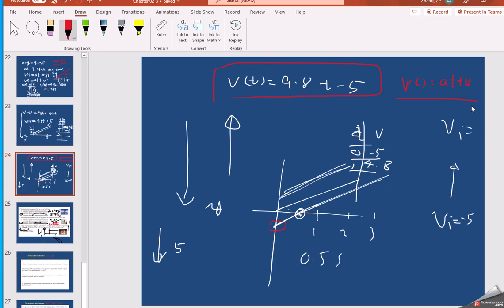But if you talk about position, it is a quadratic function. There is no fixed slope because it is a curve. So the acceleration is in the first term, on the t squared term. Okay, and so I will see you next time. So in summary, we talked about velocity as a function of time as a linear function.